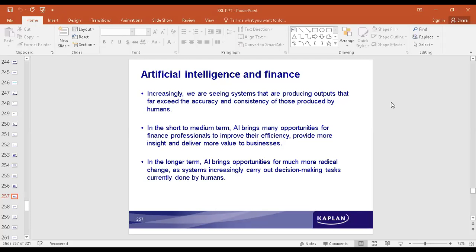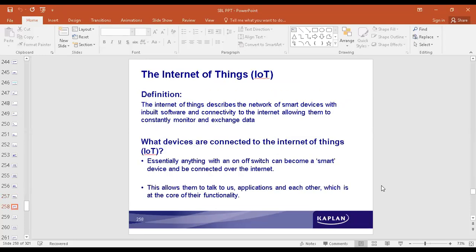So, such a situation has not come where they can be considered on par with human beings, but there are efforts put into this where increasingly radical changes are brought about as systems increasingly carry out decision making tasks currently done by humans.